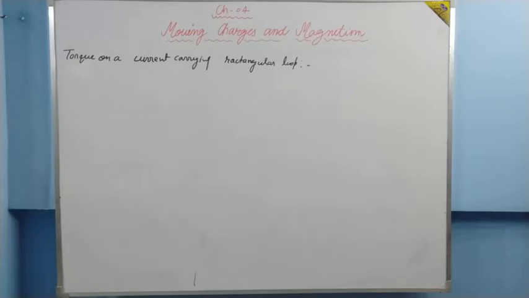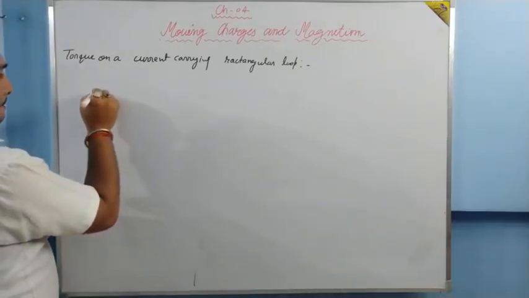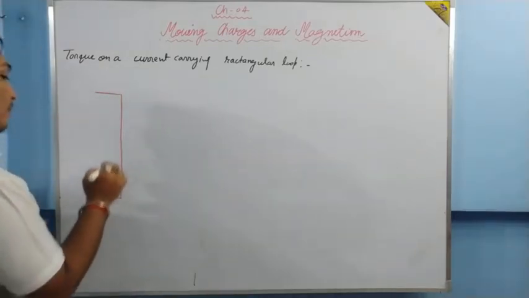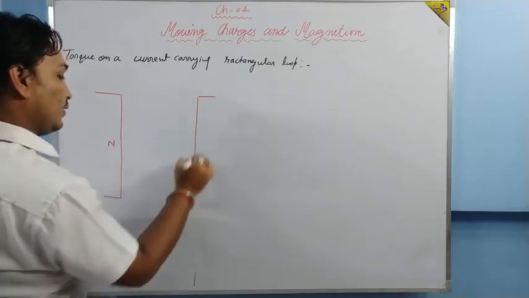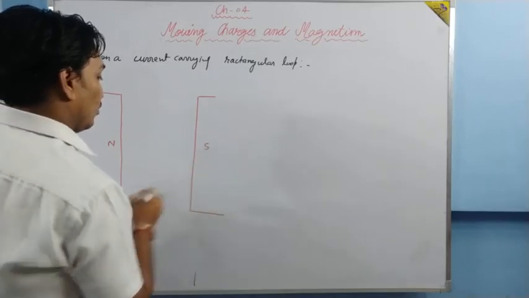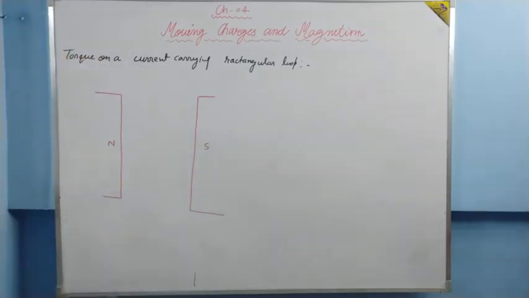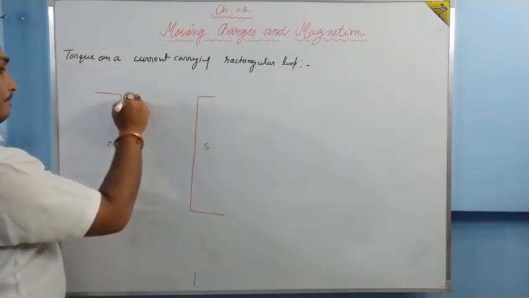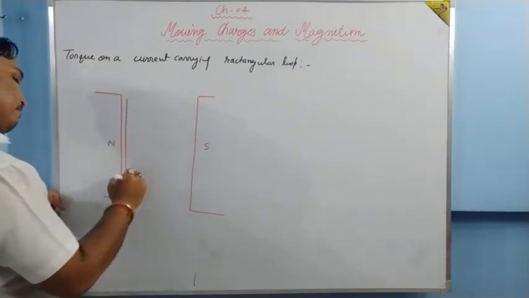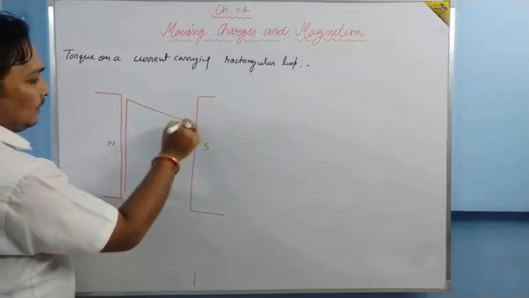Without the diagram we cannot prove the things, we cannot do the things, right? So let us draw the diagram. Try to understand. Suppose this is your magnet with the North Pole and this is the South Pole, right? A rectangular coil is kept here in this one.